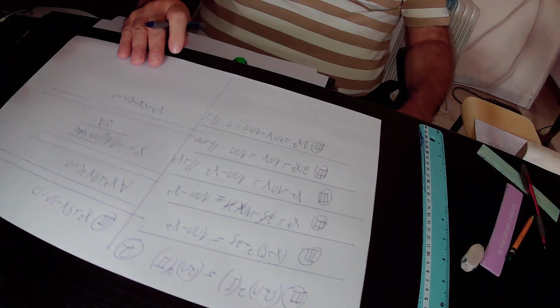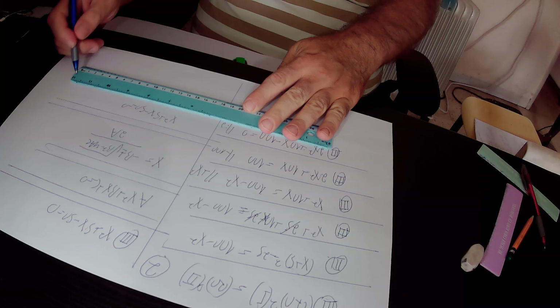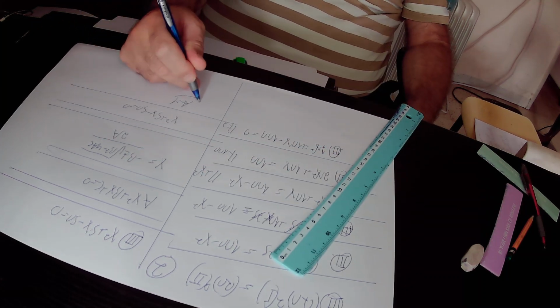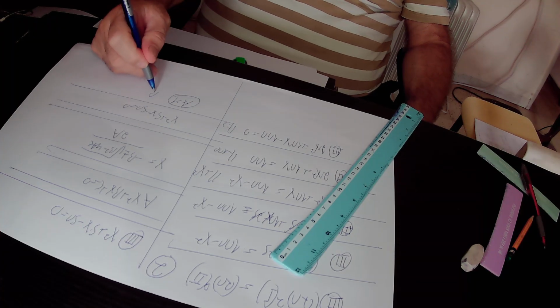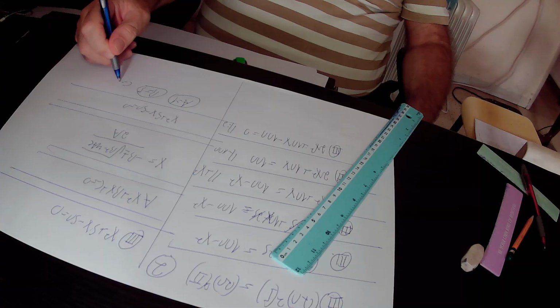So x is the number that we are looking for. The coefficient A equals 1. The coefficient B equals 5. And the coefficient C equals minus 50.